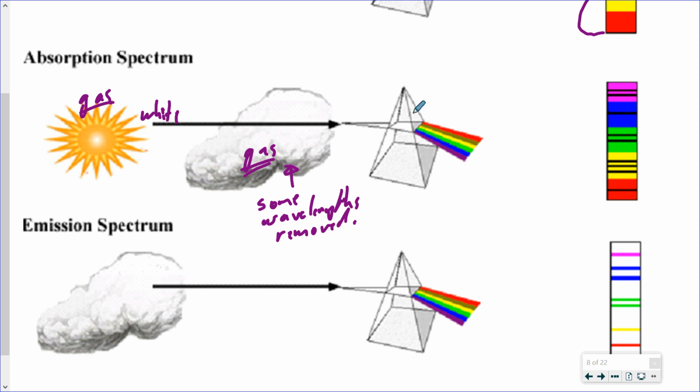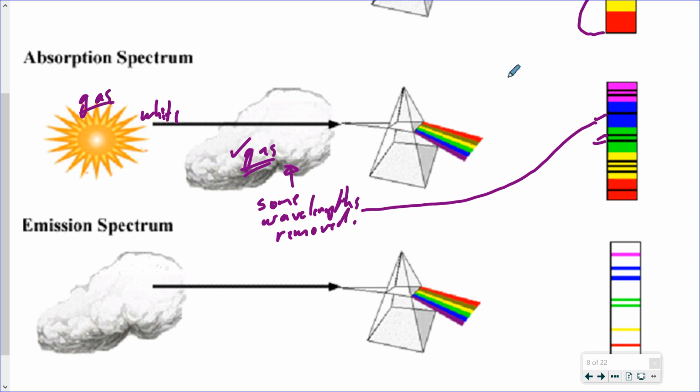So now if we use that same prism, take a look at the light originating from the sun that has passed through a gas. Take a look at the spectrum on the right-hand side now. It's no longer the continuous spectrum. So these bands here that it's showing in dark color, those are the ones that are being removed. So this is called an absorption spectrum.